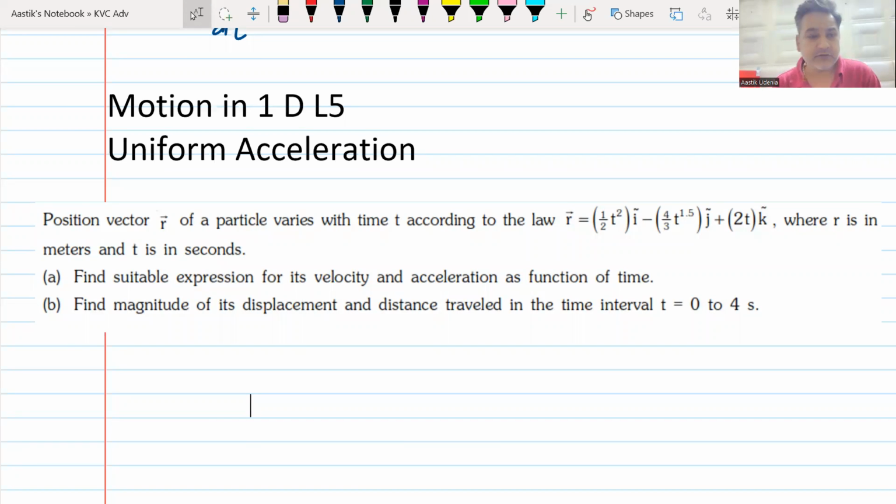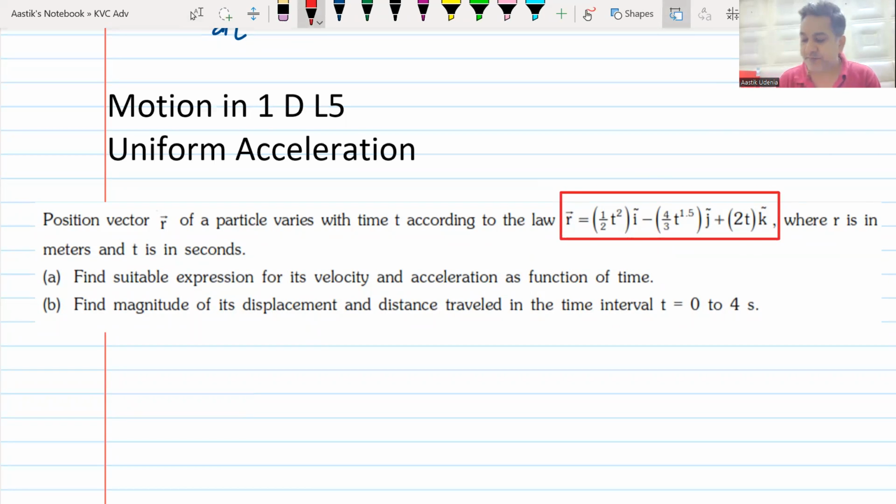So the problem goes like this: the position vector of a particle varies with time according to the law. What type of motion is this?